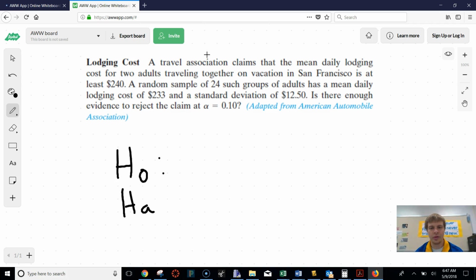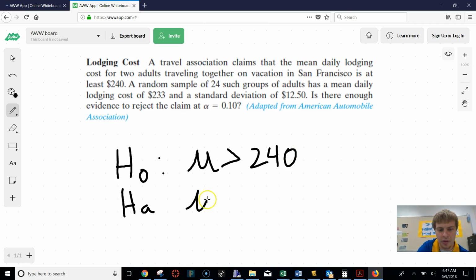So we ran this test, and their original claim is that the mean would have to be greater than 240. And our claim would be, well, we're not sure if that's true. I wonder if it's less than 240.